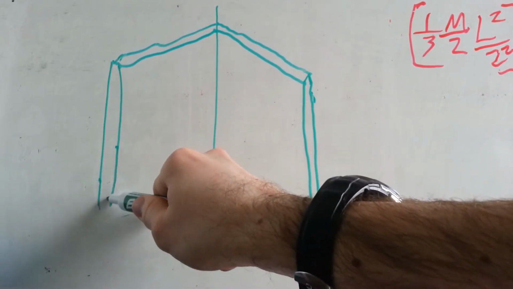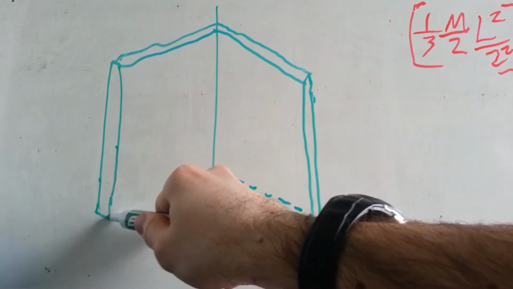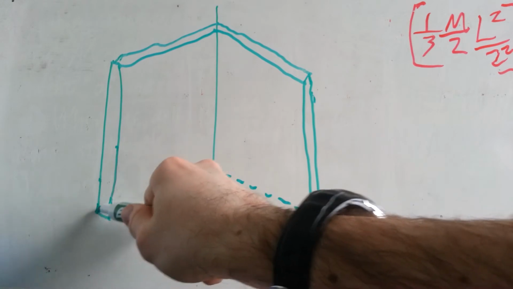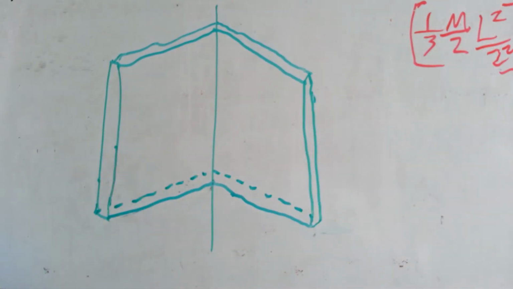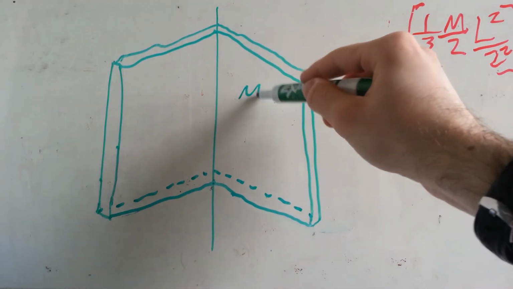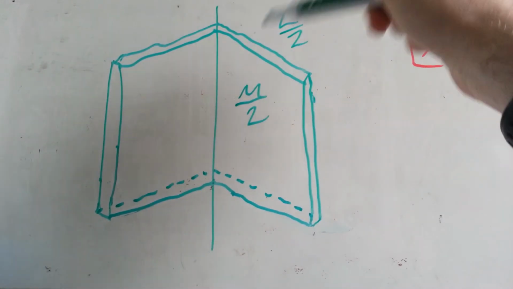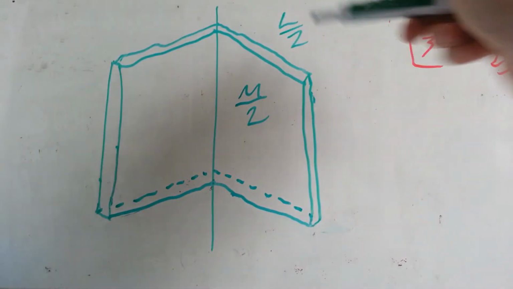Let's see, I need practice with this. Okay, there we go. Right, so this is still m over 2. This is still L over 2. And there's still 2 of them.